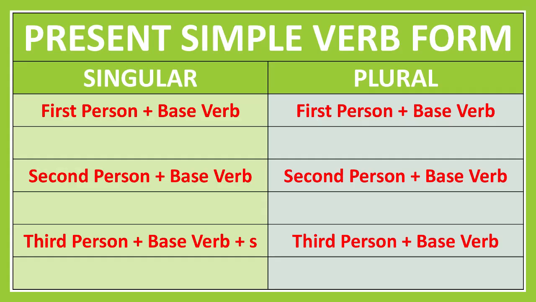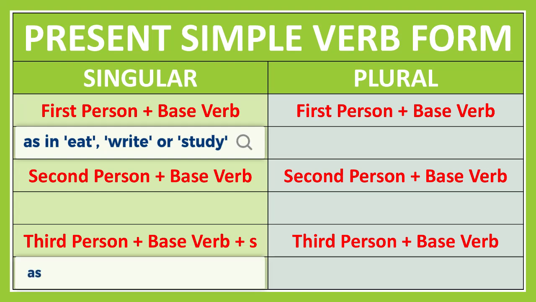Let's delve into the structure of present verb forms. First of all, present simple. This form takes the base form of the verb for the first and second person, both singular and plural.